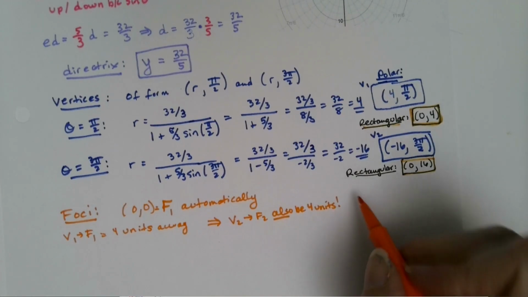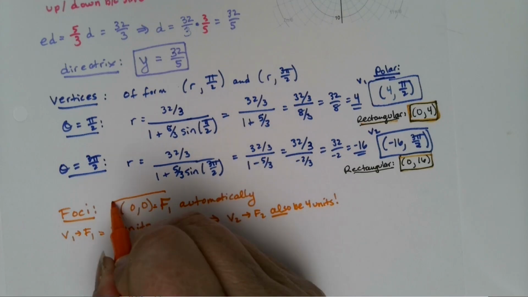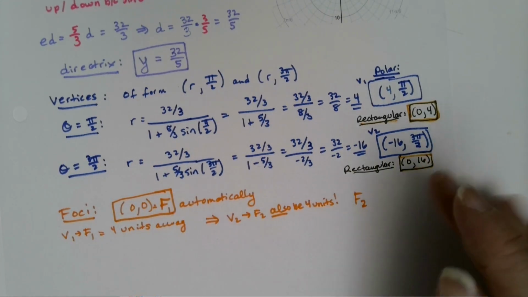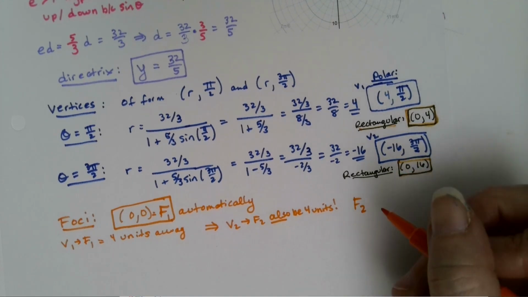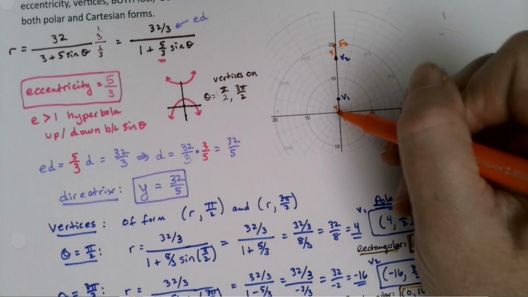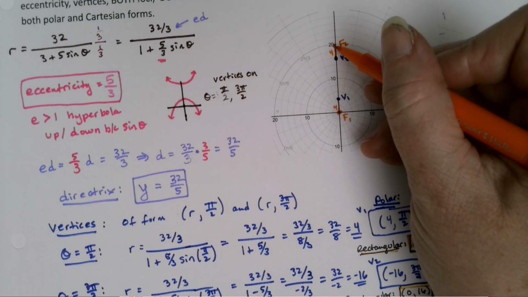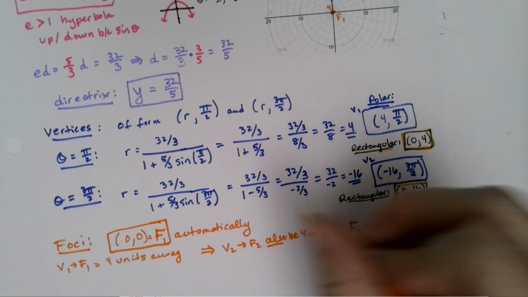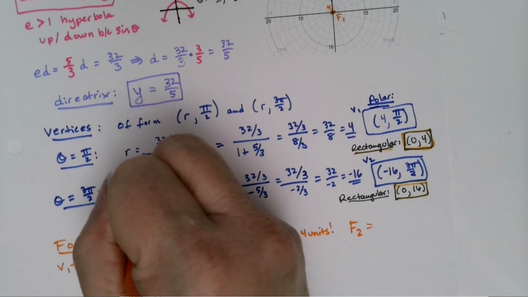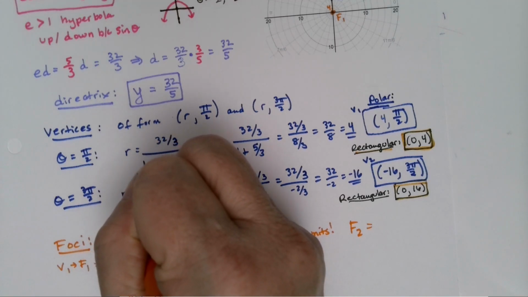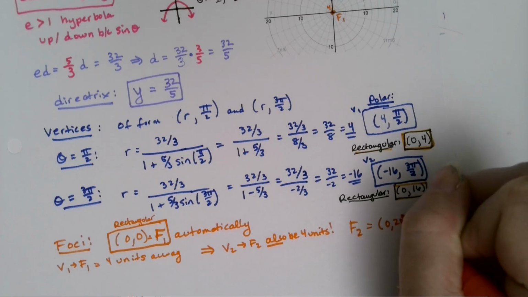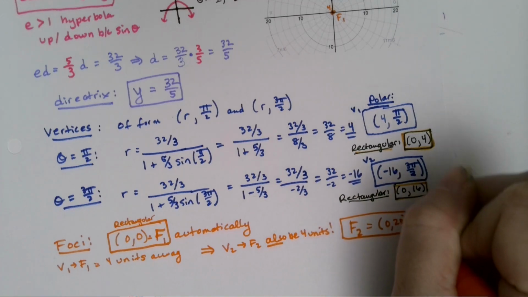And that means that focus 2, so this is focus 1, I can box it, but focus 2 would be 0, 20 in rectangular coordinates. I'm just going to do that in rectangular. So this is rectangular. Technically, it's polar also. So this will be 0, 20 in rectangular coordinates.